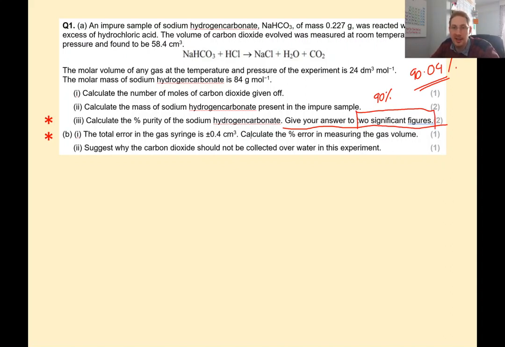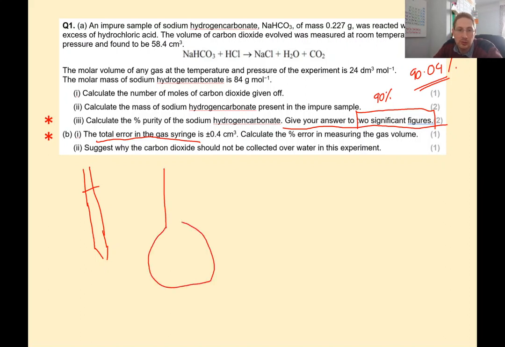The other thing here is the total error in the gas syringe. Just like with a pipette that's got a single line and a volumetric flask that's got a single line, here they are giving you the total error in the gas syringe.